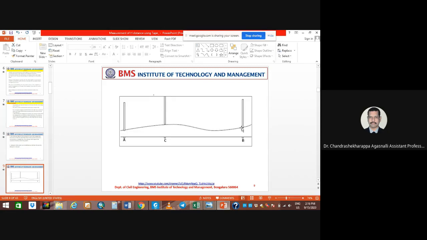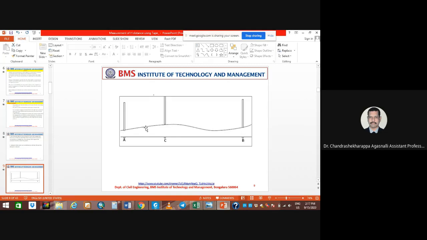There may be bushes, or the landscape itself may be indicating that. So there is a higher elevation, a lower elevation, and again a higher elevation. It's difficult to see from point A to point B. In this case, you have to establish the C point. That's called your intermediate point.